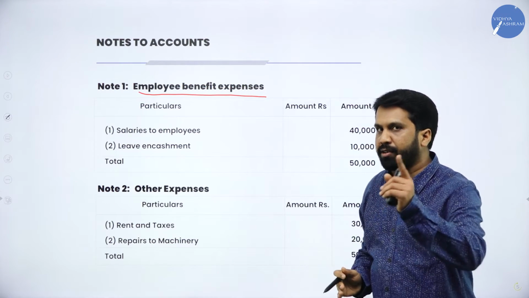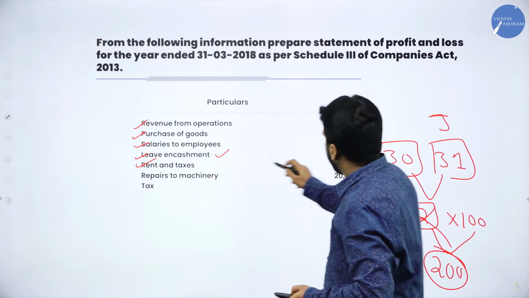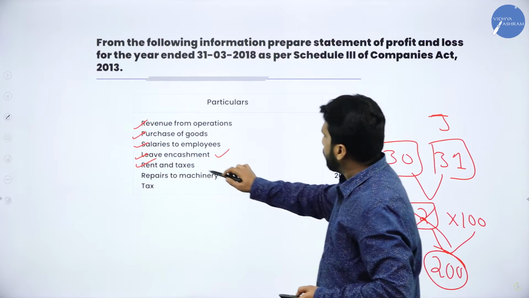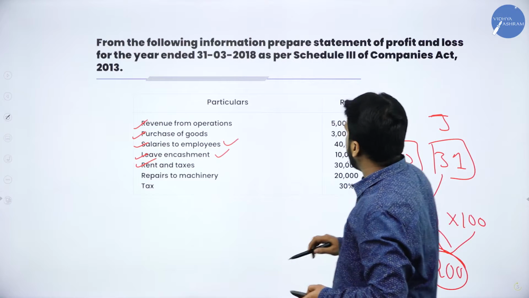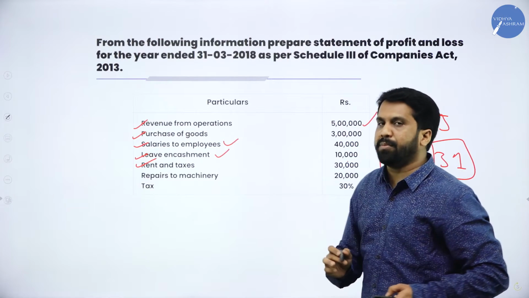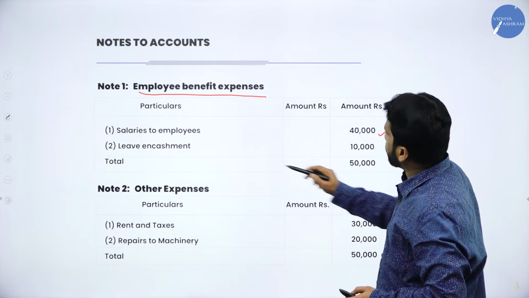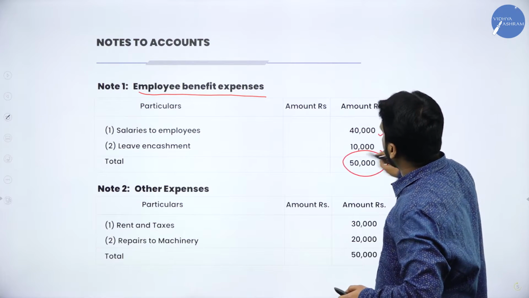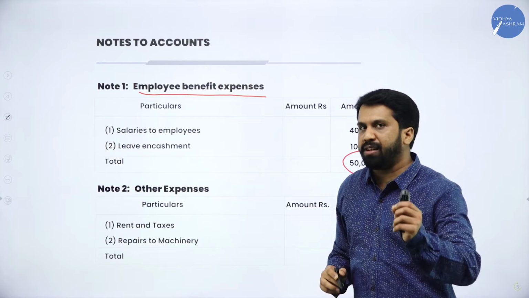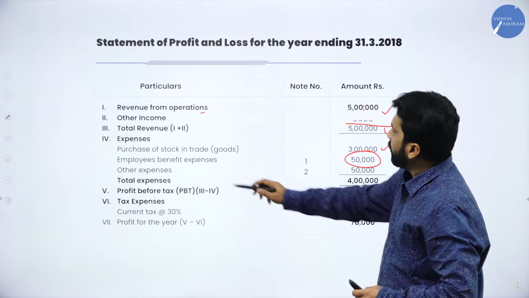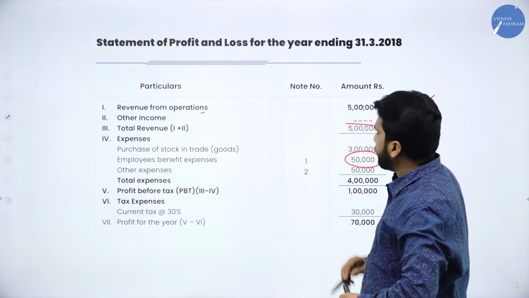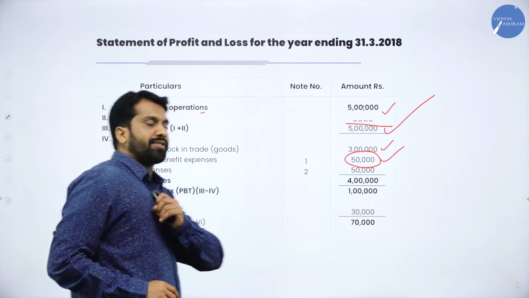I'll go back to your question. Leave encashment, salary to employees, 40 plus 10. How much is it? 50. Salary to employees 40, leave encashment 10. Your overall value is how much? 50,000. Now, employee benefit expenses, they have taken 50,000.